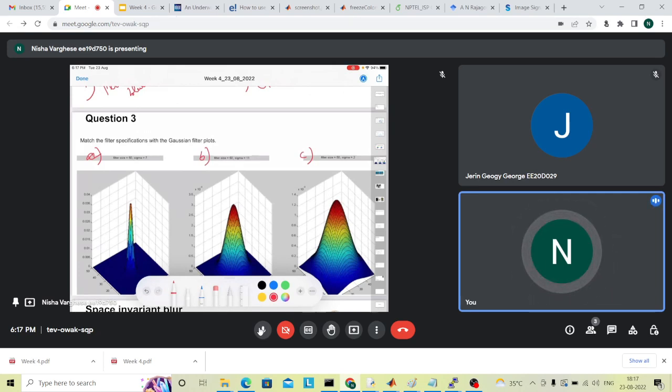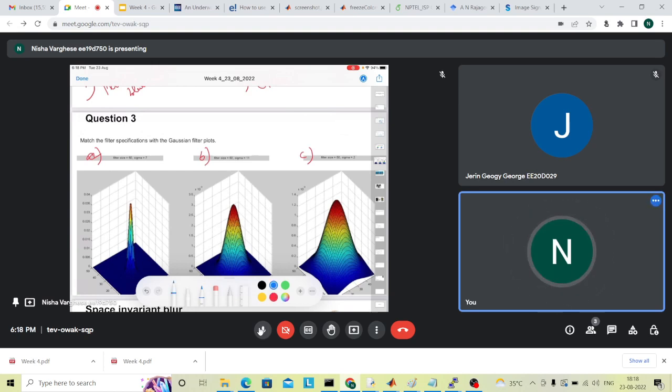Okay, so can you tell which specification matches with the given plots? Okay, so it is written in a very small form. So I'll write it again.